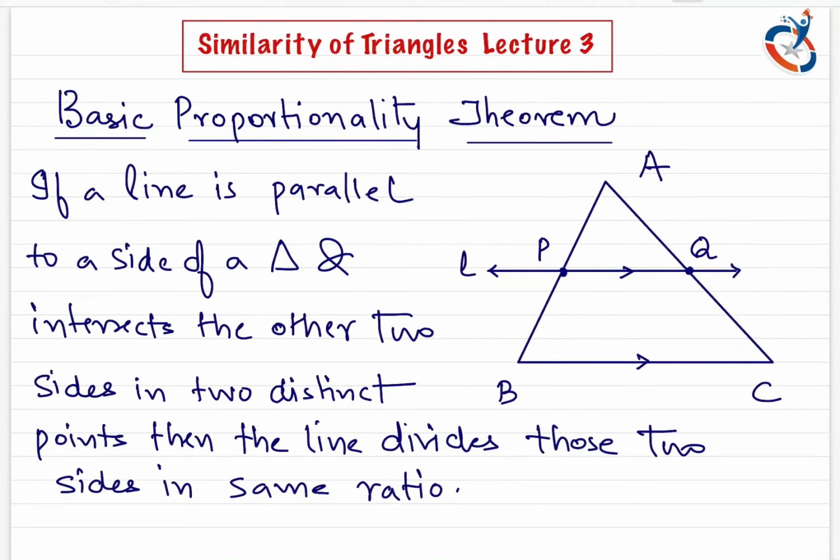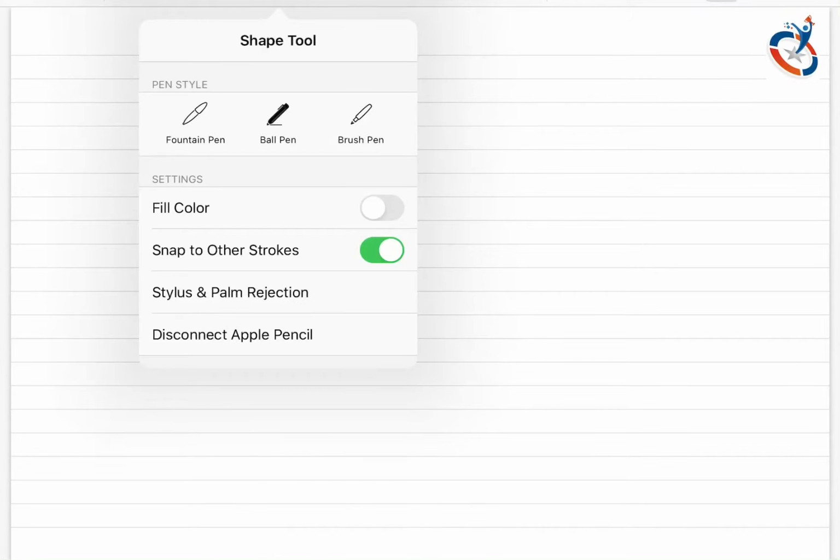Okay. We can prove this using the theorem on areas of similar triangles. So the explanation says, if PQ is parallel to BC, then AP upon PB is equal to AQ upon QC. Clear? If you have to prove this, then we have the same diagram.